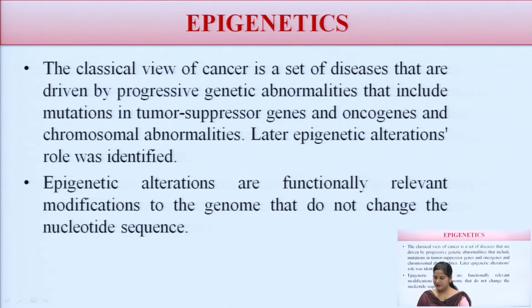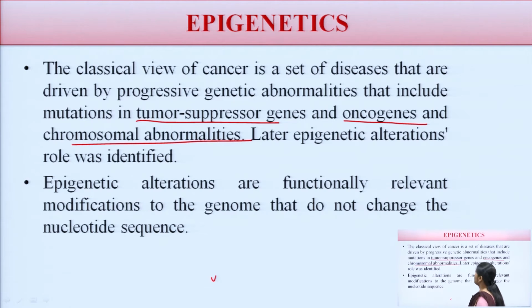Now, the epigenetics of cancer. The classical view of cancer is a set of diseases driven by progressive genetic abnormalities that include mutations in tumor suppressor genes, oncogenes and chromosomal abnormalities.